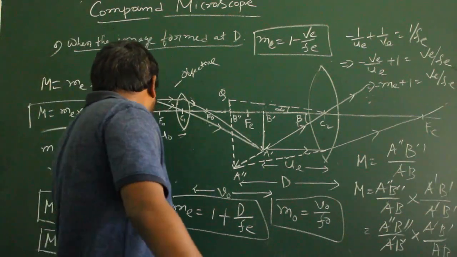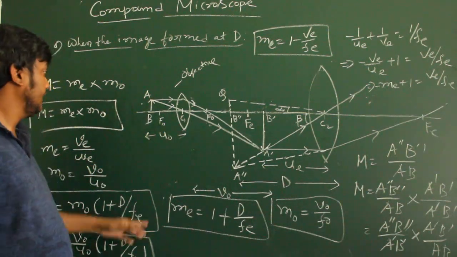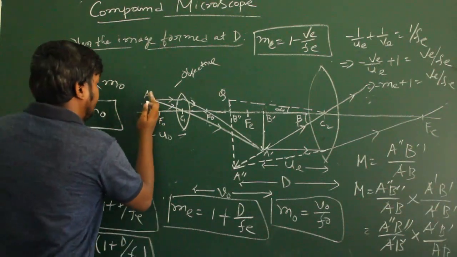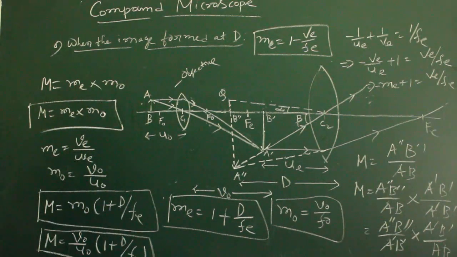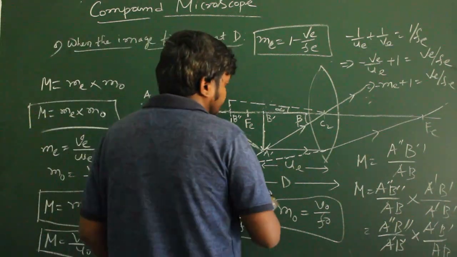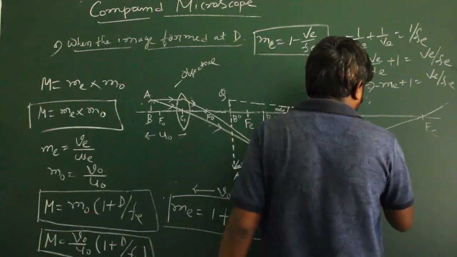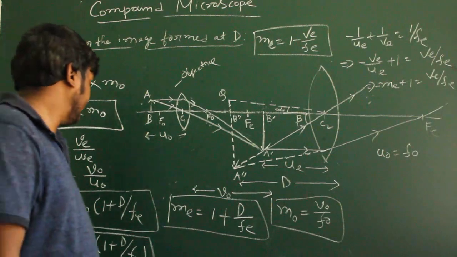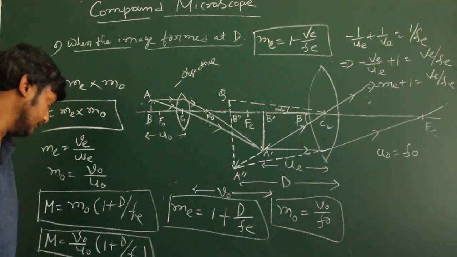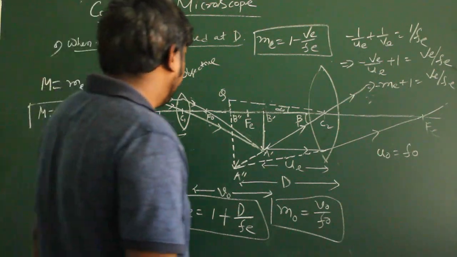Now, if we consider that this object AB lies very near to the focal point F naught, suppose U naught equals F naught, then what will be V naught?